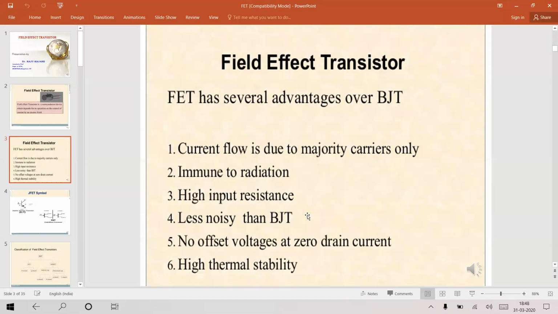That's why this has become popular. It is less noisy and immune to radiation, and since it is a scalable device, this finds application in most of the integrated circuits that we are using in most of the applications, right? There are no offset voltages at zero drain current, and this FET has very high thermal stability.